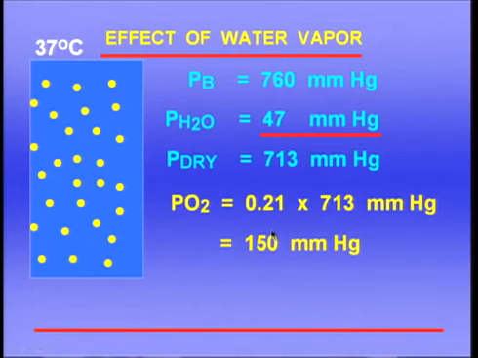So that's the partial pressure that we're actually dealing with. The organism, if you like, is exposed to a partial pressure of 150 millimeters of mercury in the moist inspired gas.